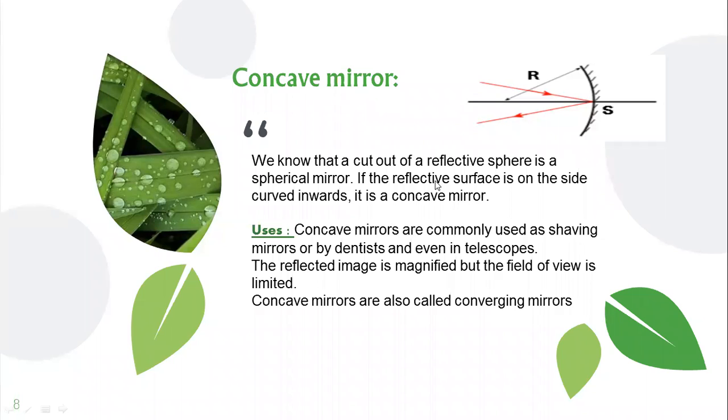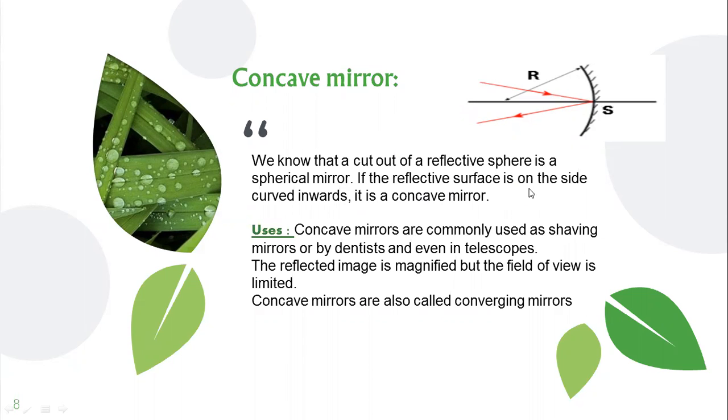Here is more about the concave mirror. You can see that when the inner surface is reflecting, that is called a concave mirror. When the light ray comes, strikes the pole and comes back to the same medium, and the inner surface is reflecting, that is called a concave mirror. We know that a cutout of a reflective sphere is a spherical mirror.